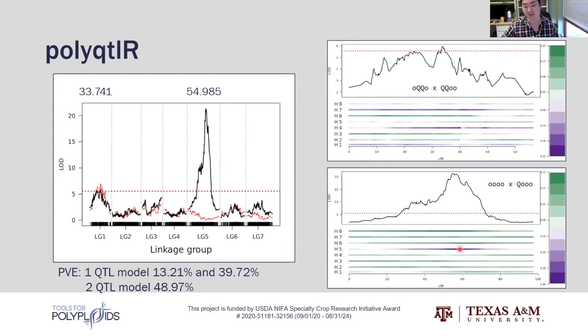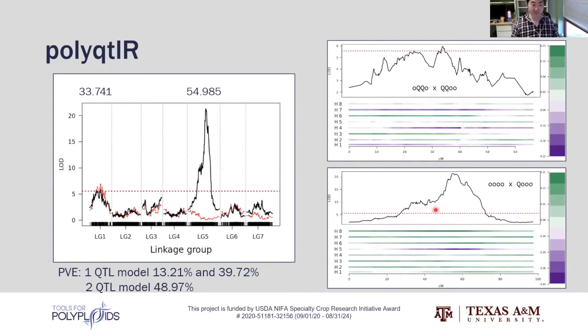And again, you see that it's a simplex, nulliplex inherited trait on 5. The one on 1 is a little bit more messy, which is right here where the QTL is. So it's H1, H4, H7, and H8 that lower the amount of black spot you see in the field. So that's a little bit messier up here.